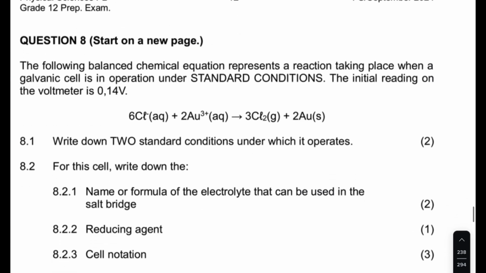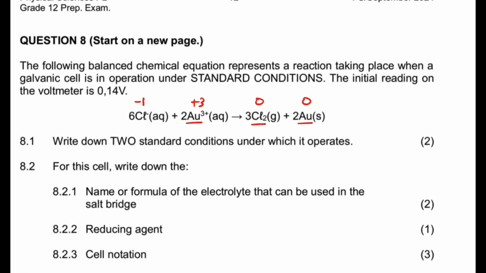What's going to help us to note which one between the chloride ion and the gold ion reduces or oxidizes is the oxidation number. We have to assign the oxidation number. The chloride ion's oxidation number is -1, and the gold ion is +3. Then the chlorine gas is 0, and the gold is 0.